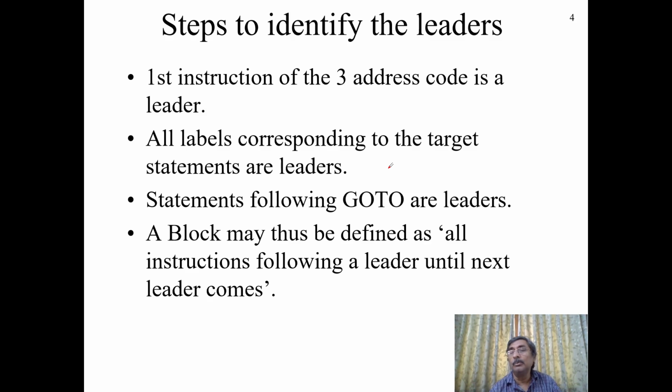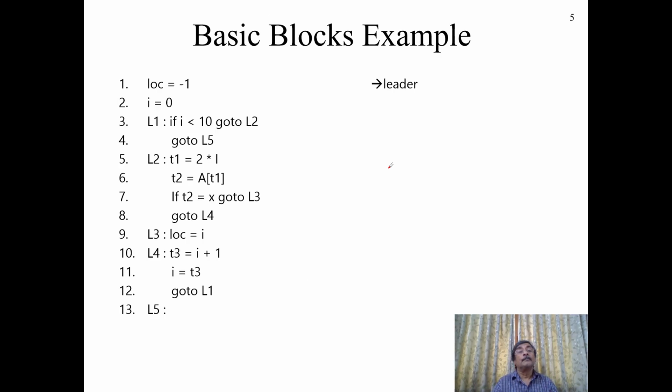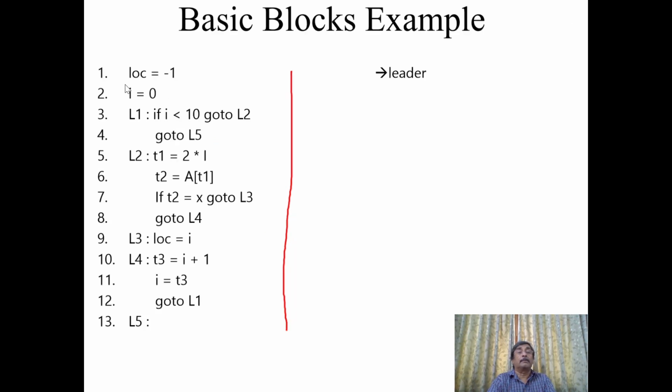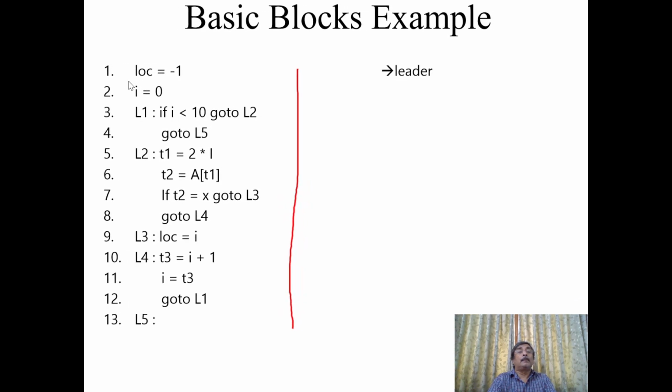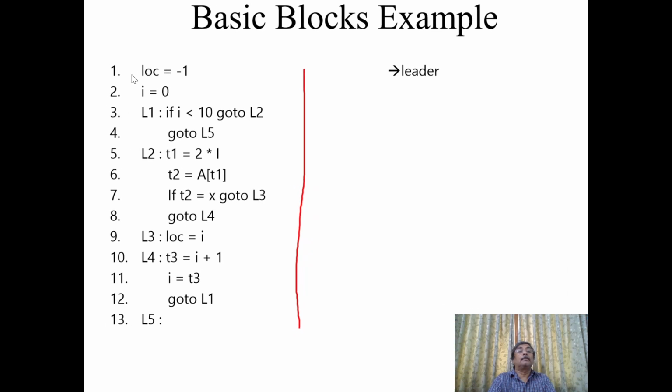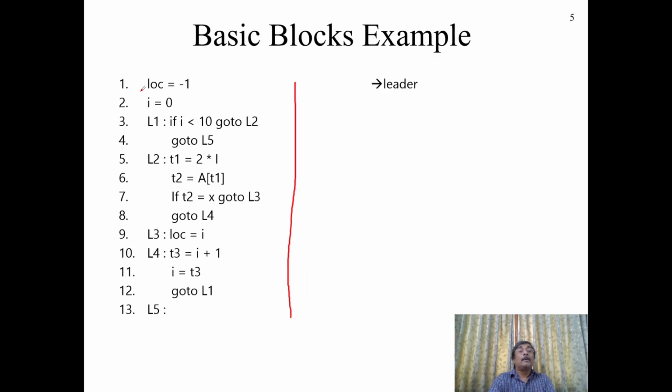As always I do, let us take an example and illustrate this further. See, these are a series of three address codes. Now the first instruction, that is statement number 1, is a leader.